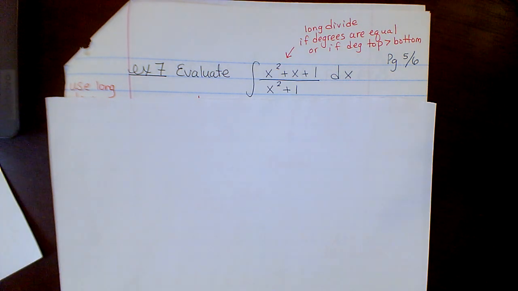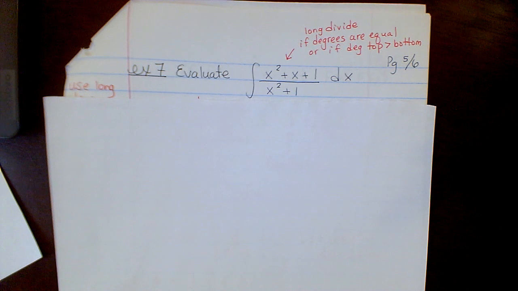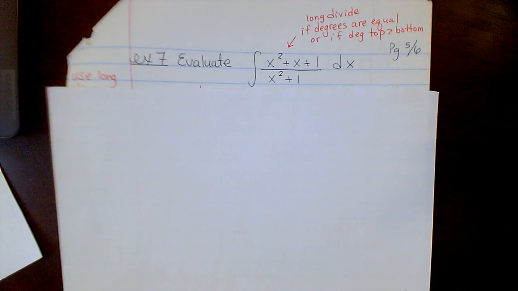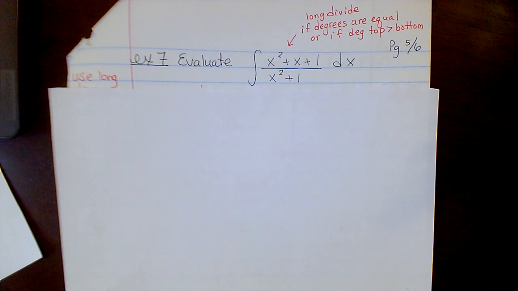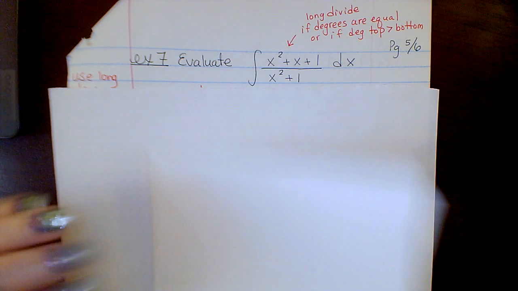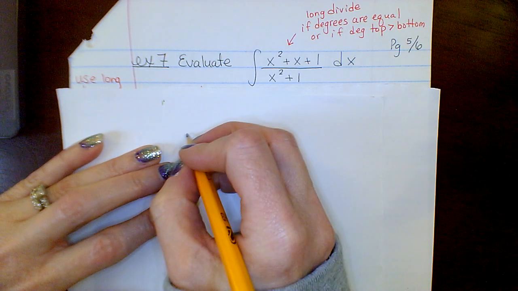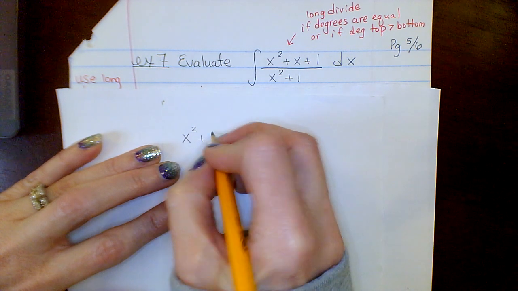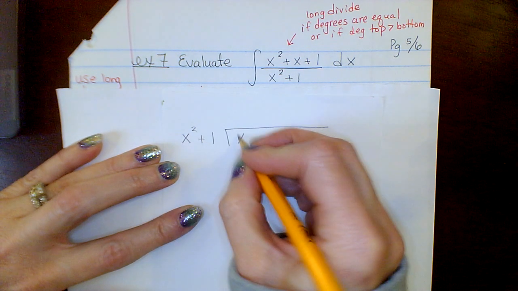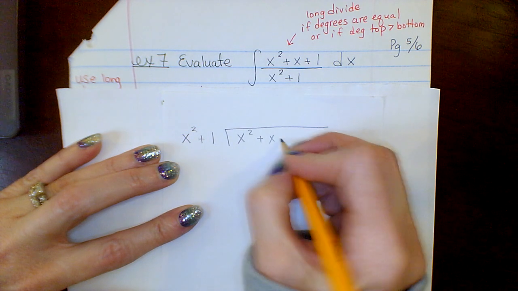I know that is probably not on your to-do list. It's probably not part of your favorite things to ever have to do in math, but here it goes. So to long divide the bottom into the top, we have this x squared plus 1 divided into x squared plus x plus 1.